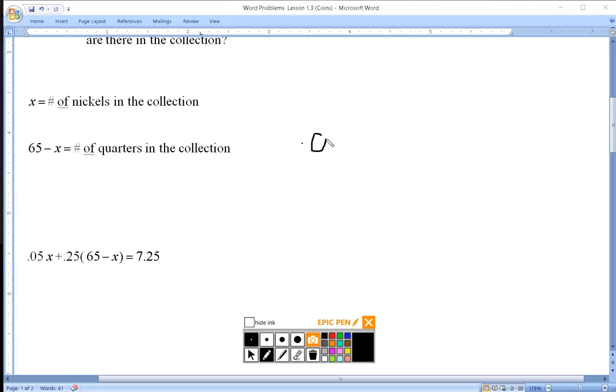Just multiply through there. So 0.05x plus, and then I multiply 0.25 times 65. So I'm going to multiply through the parentheses there. 0.25 times 65 is going to give me 16.25.